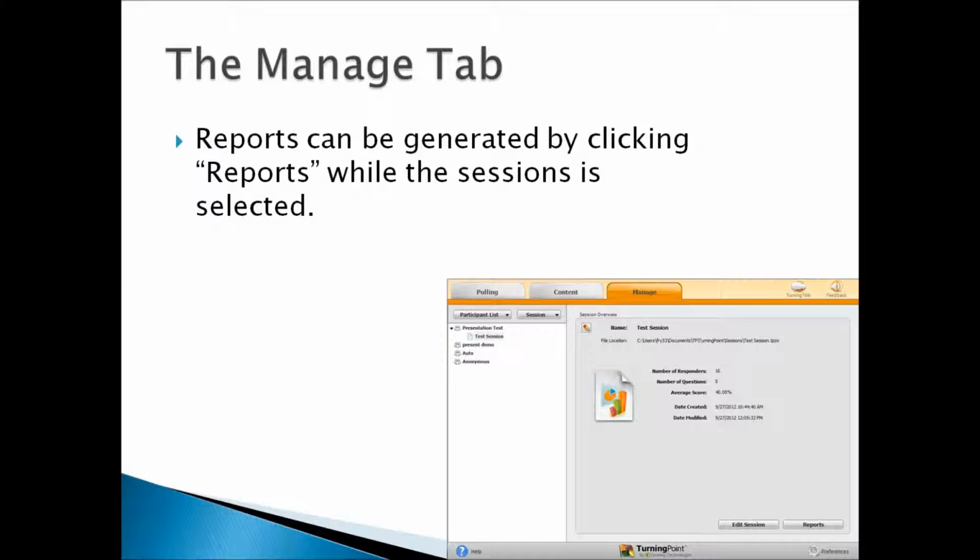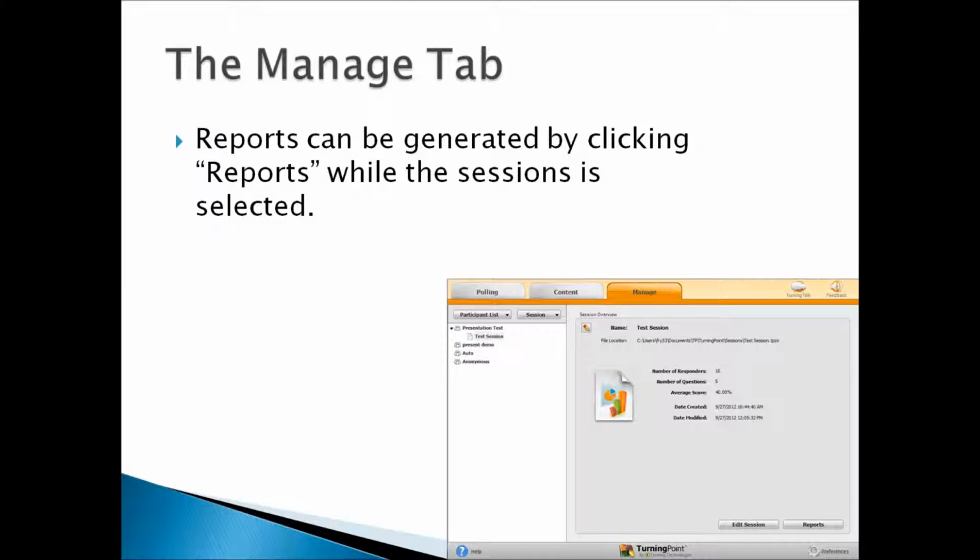To generate a report, you simply click Reports while the session is selected. So for example, I would click on Test Session. You would get a screen like you can see down below us, down below the text, where it says Test Session.